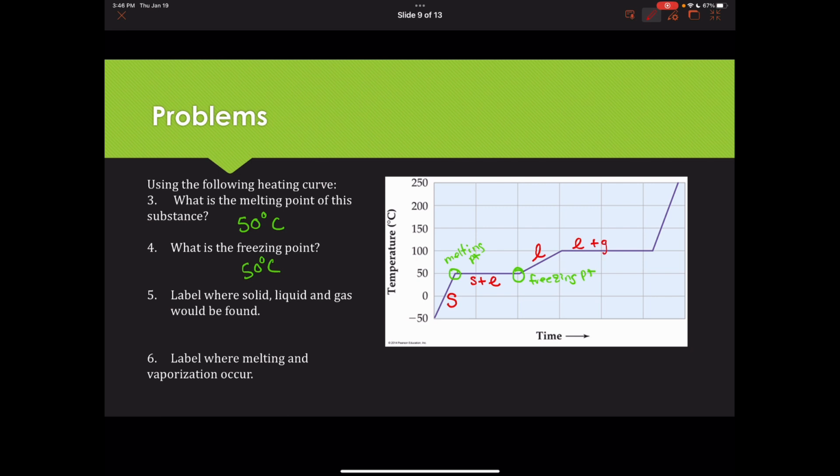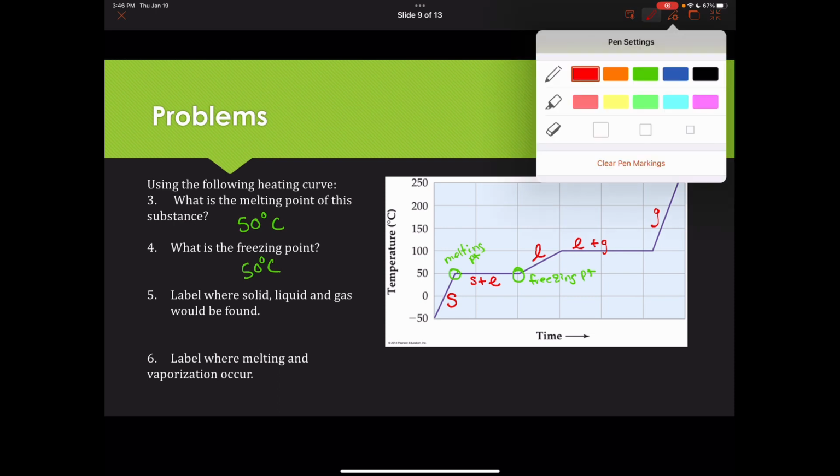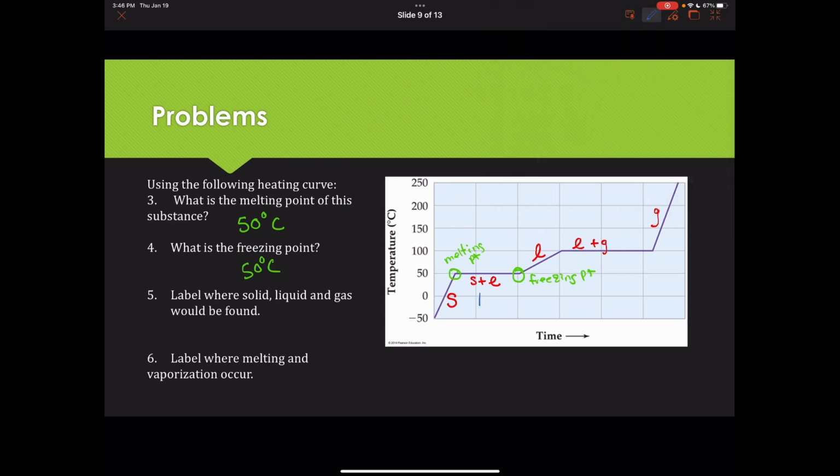And then once we have broken all of our attractions, we're just going to see gas. So where we've got that mixture of solid and liquid, this is where our melting is occurring. Where we have the liquid and the gas, this is where our vaporization is occurring.